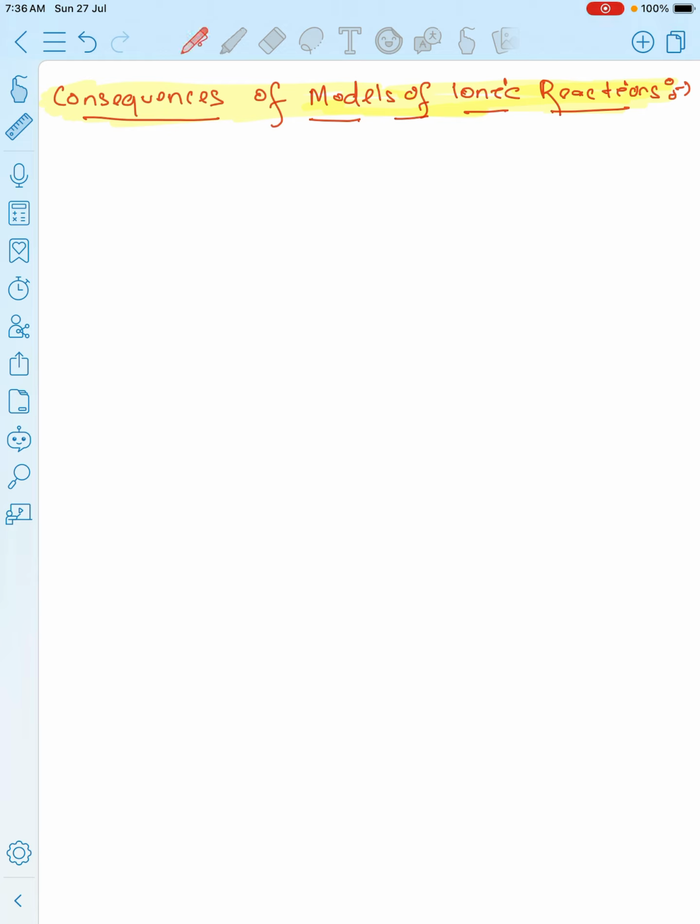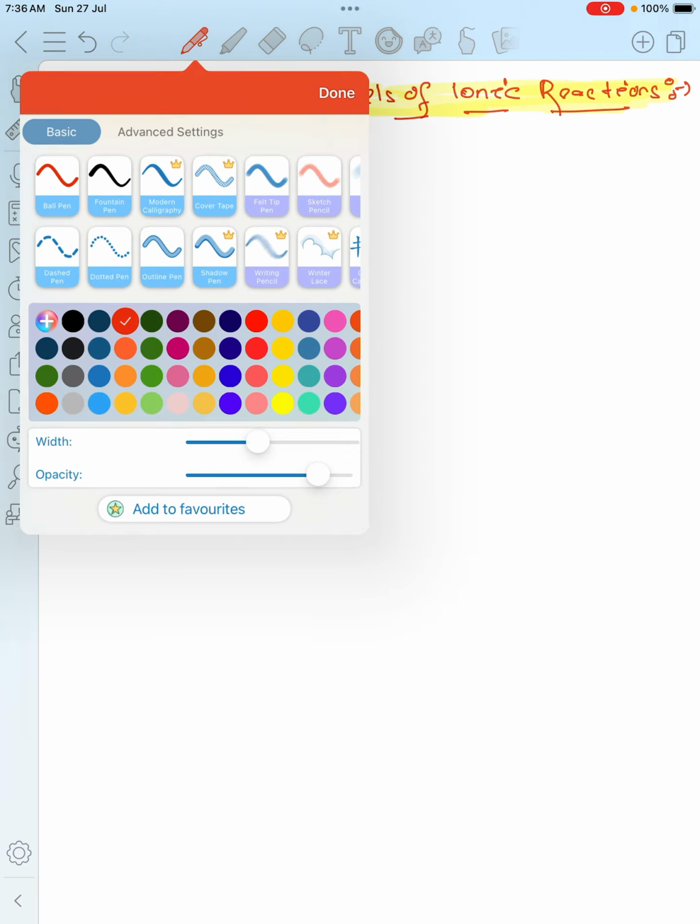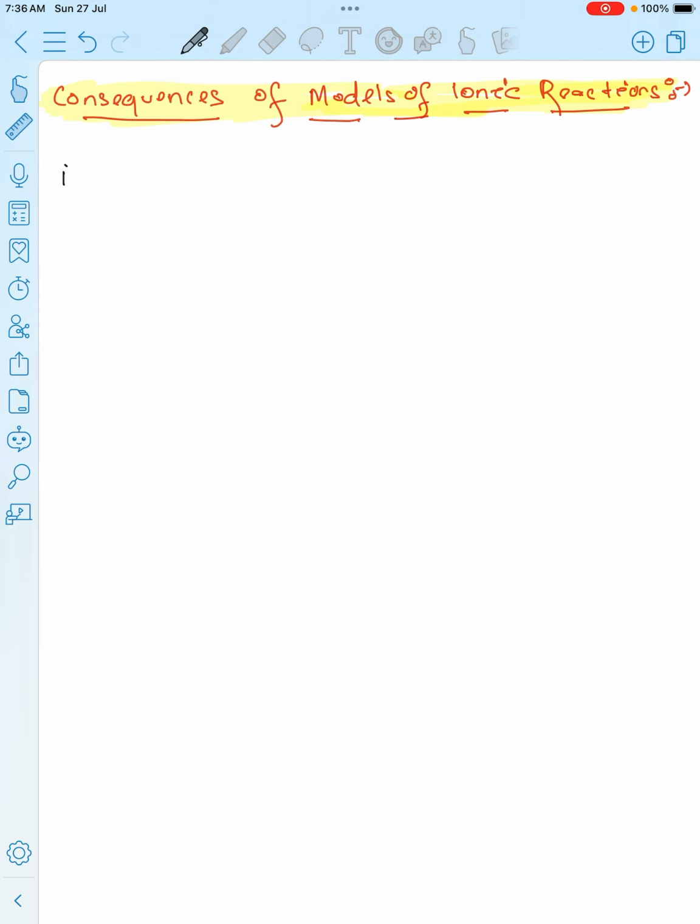So the first, let us say, based upon the ionic models, let us say two ions are approaching closer to each other from an infinite distance, but each ion has a positive charge on it.